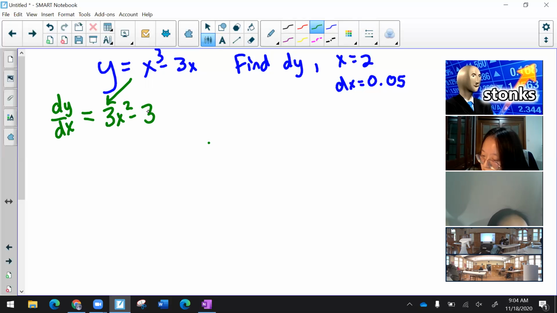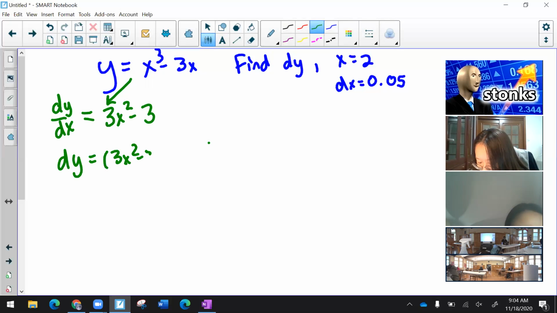And then if I consider my dx and my dy to be separate things, then I can say that dy is equal to 3x squared minus 3 times dx. I'm just going to move the dx to the other side.